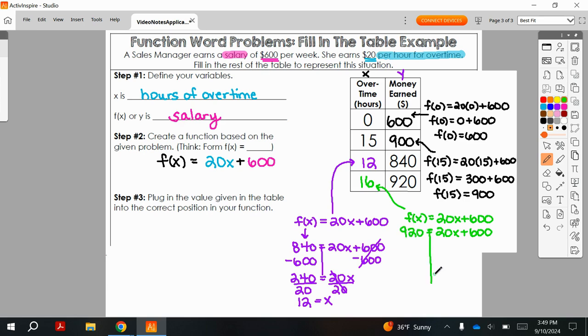Now that we're solving for x, we draw our line and have to do subtraction of 600 from one side to the other. 920 minus 600 is 320, and it equals 20x. And then I divide each side by 20. Right side cancels out to just x, and left side is going to go ahead and be 16. Again, what Desmos showed us as our answer.